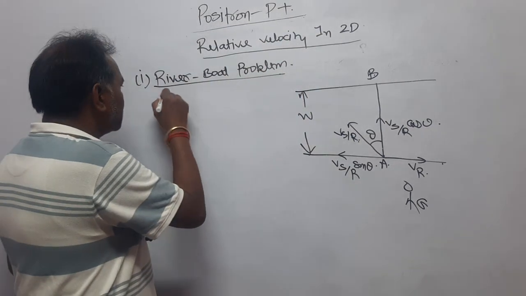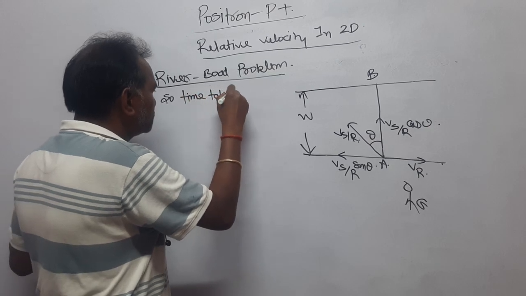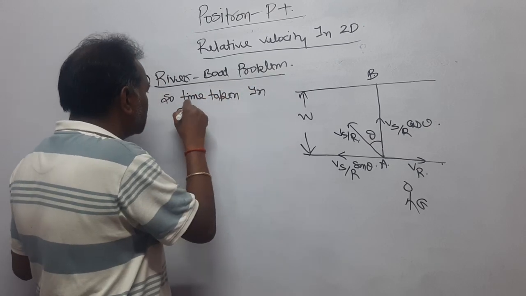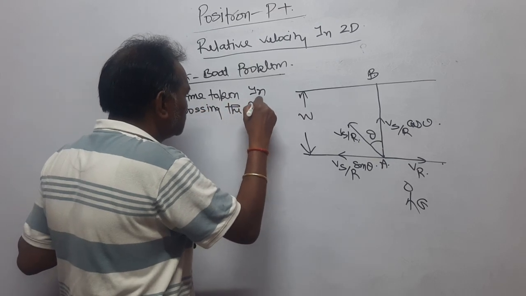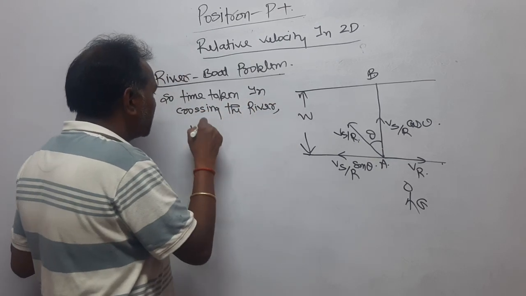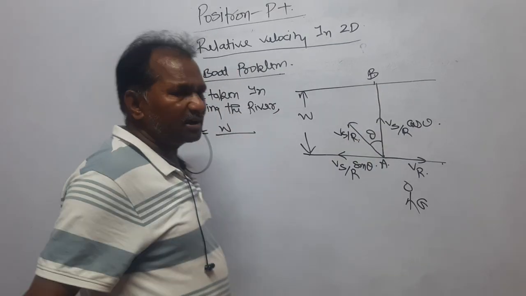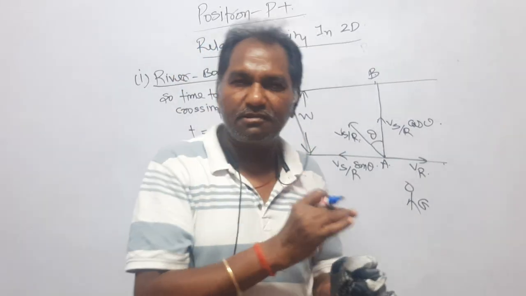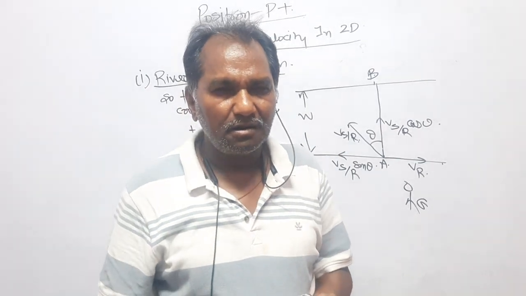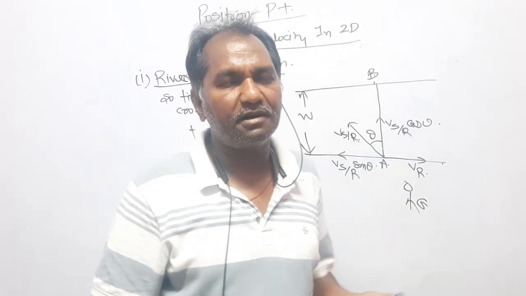So time taken in crossing the river is equal to width of river W divided by, now the very basic concept of mechanics, that horizontal distance is covered because of horizontal velocity and vertical distance is covered because of vertical velocity.